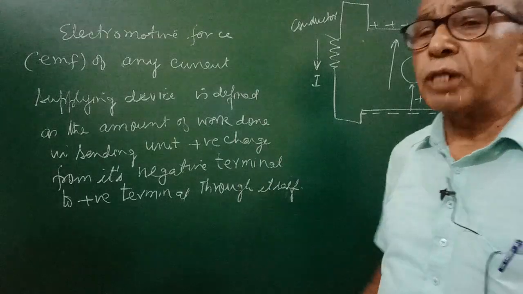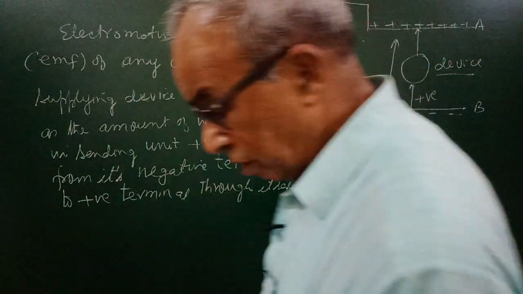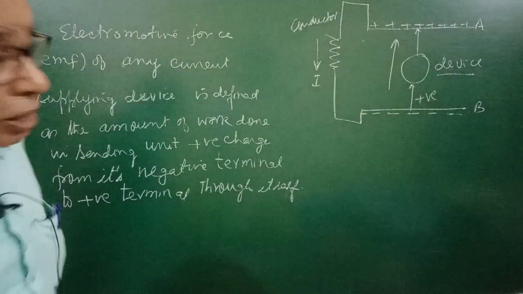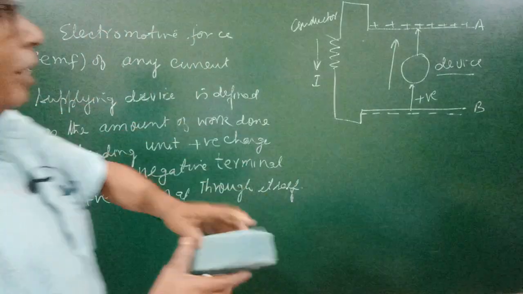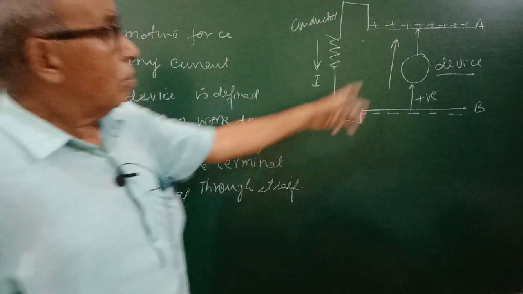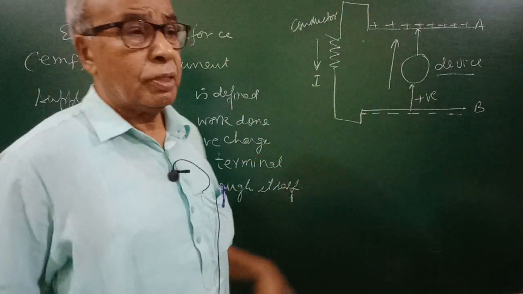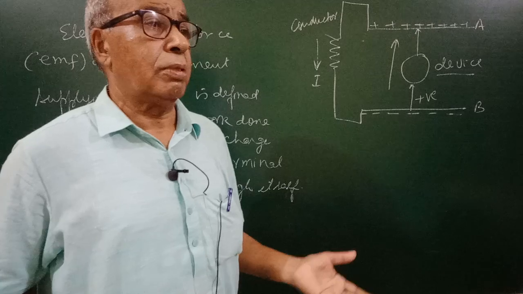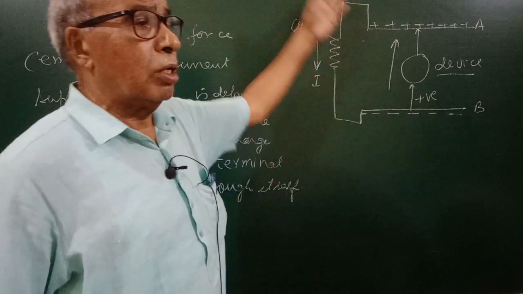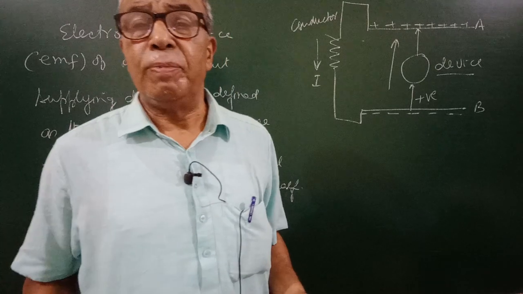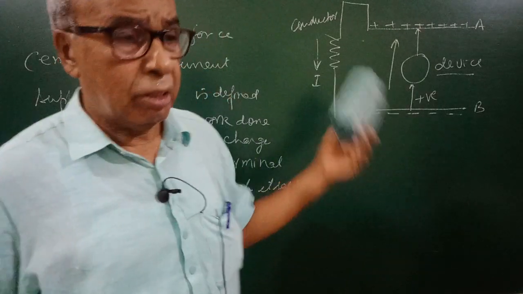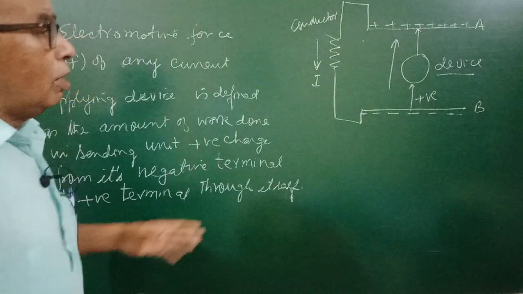The two electrodes are also called terminals, positive and negative terminal. Inside the cell, inside the generator, this work is done, and outside it current flows because of this work done. If we stop rotating the generator, no current will flow. In the same way, in case of a cell, if the electrolyte is exhausted, no current will flow.